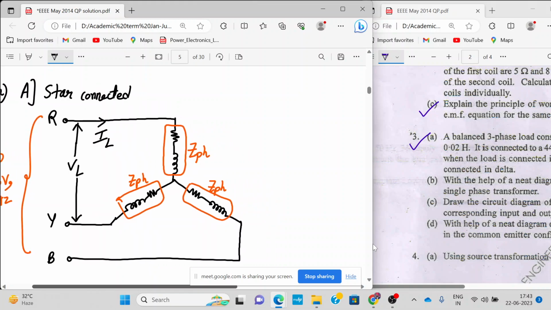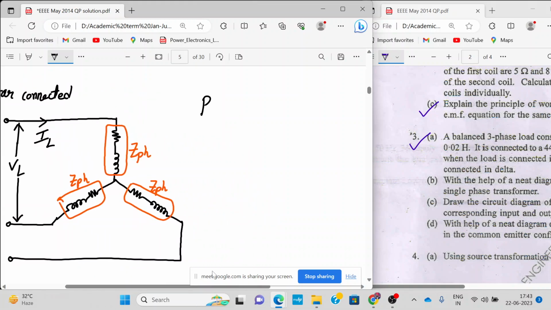All right, so what are they asking you to find out? They're asking you to find P, active power, and in a three phase network it is given by the formula root 3 VL IL cos phi. So basically we need to find VL. VL is actually given to you.